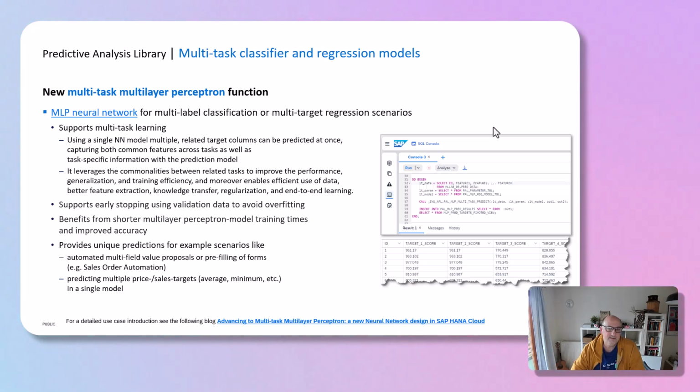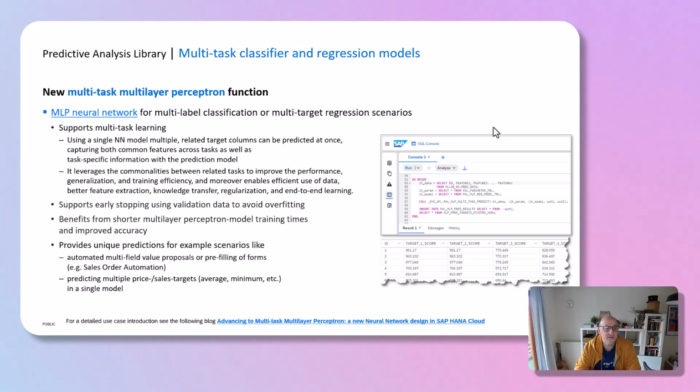So it provides best performance and generalization for the task of predicting these multiple targets with a single model, and certainly best performance and outcome as we would expect it. So it's a modernization of the previously also available multi-layer perceptron algorithm.